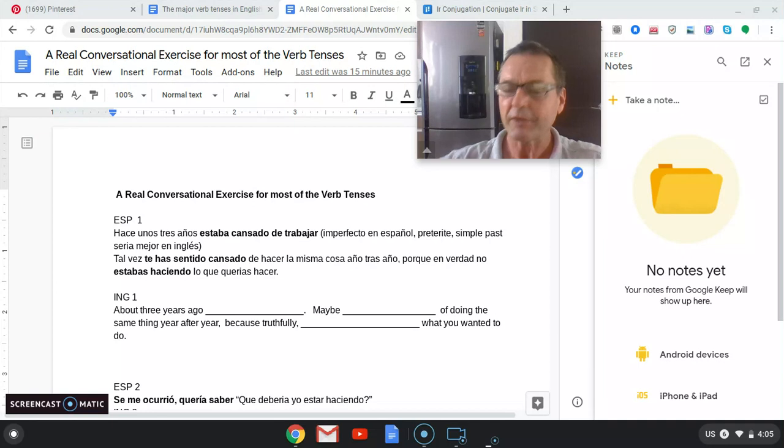And after you follow this path enough times, you'll begin to learn to say it automatically in English. But there are a few complications. Sometimes the verb tenses in one language don't exactly correspond with the verb tenses in the other. And that's what I want to talk about in context with these examples.